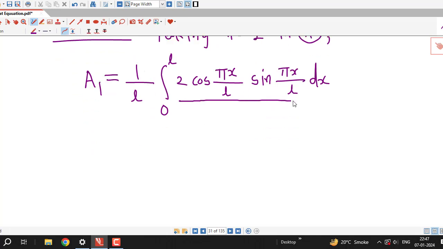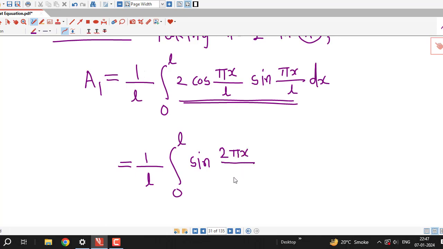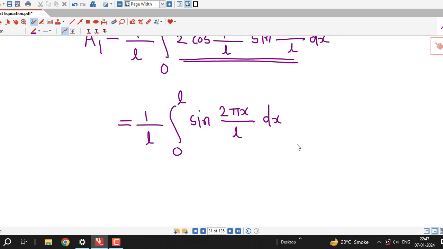Now this is a famous identity: 2 sin theta into cos theta can be written as sin of 2 times theta. So here I can replace this by sin of 2 pi x by L, using the formula that sin 2x is 2 sin x into cos x.